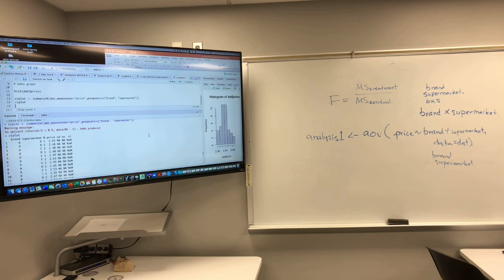Those three measures are based on what type of variation? Variation among brands, variation among supermarkets, or variation within the brand supermarket combination? Is it within sample variation that those are based on, or is it among sample variation that those things are based on?